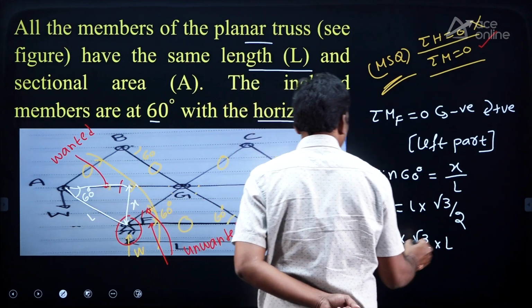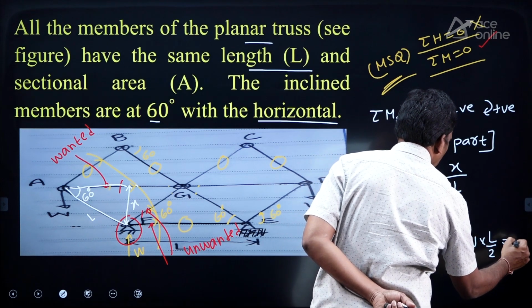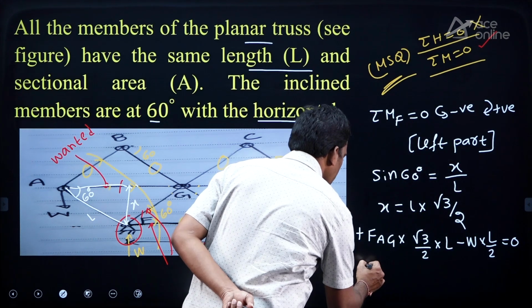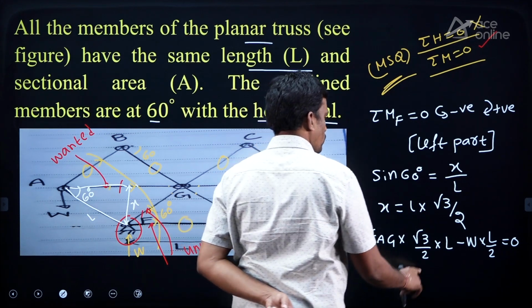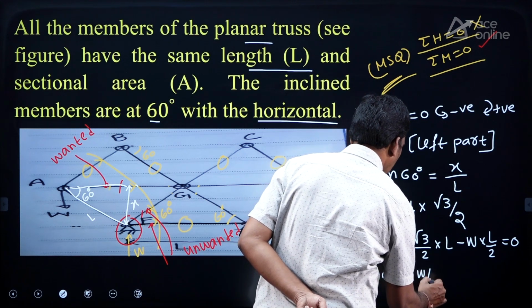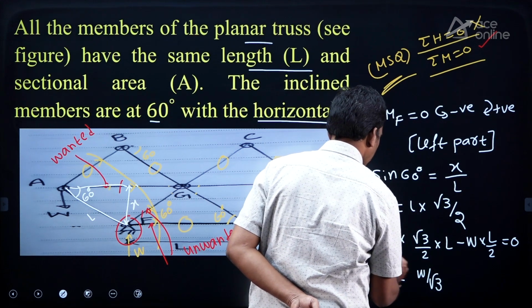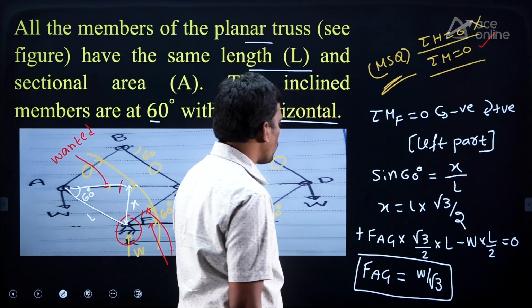L by 2, right? Minus W into L by 2 equals to 0. Then from this equation, can you find the force in member AG? So 2 get cancel, then this is W by root 3. So force in member AG is W by root 3.